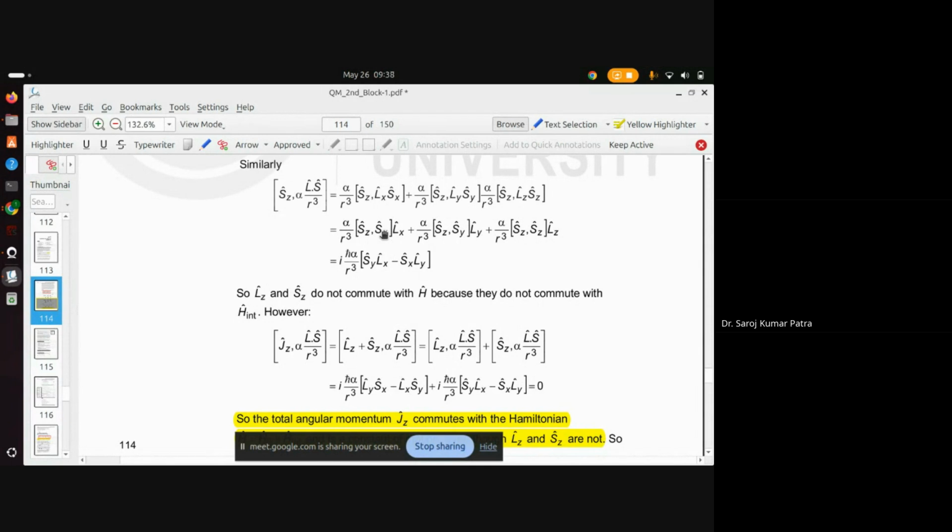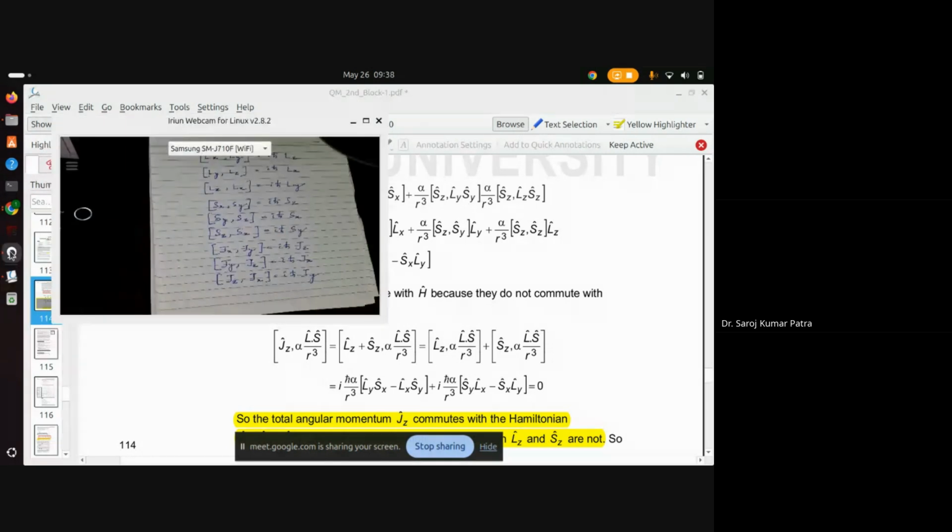What I have already written in the notebook earlier, we can see here. We have noted down that [Sz, Sx] is equal to iħ Sy, and [Sy, Sz] is equal to iħ Sx. But what will happen if I take [Sz, Sy]? It will be minus iħ Sx.